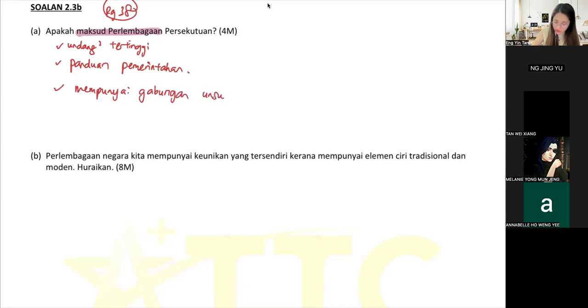We have included traditional and modern concepts. All good? And then you can say starting from when we have this official pelembagaan. Since when did we start to execute this law?